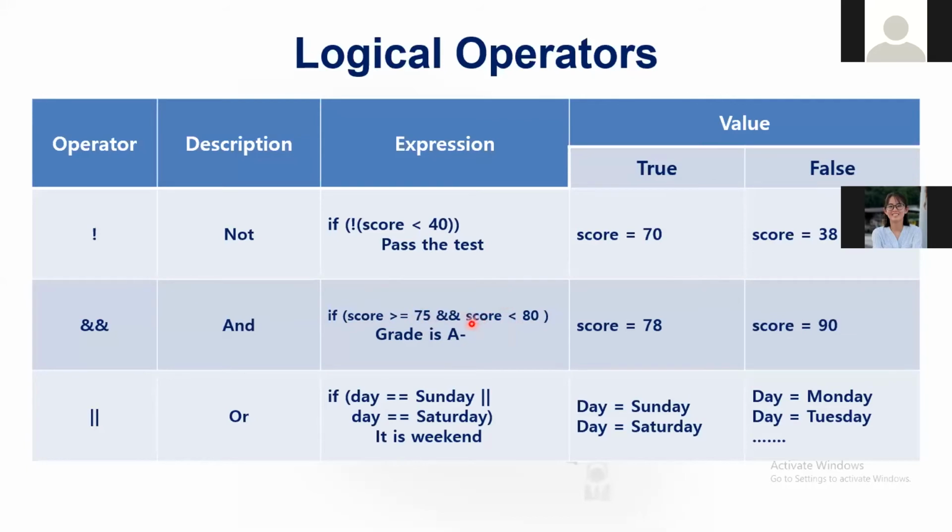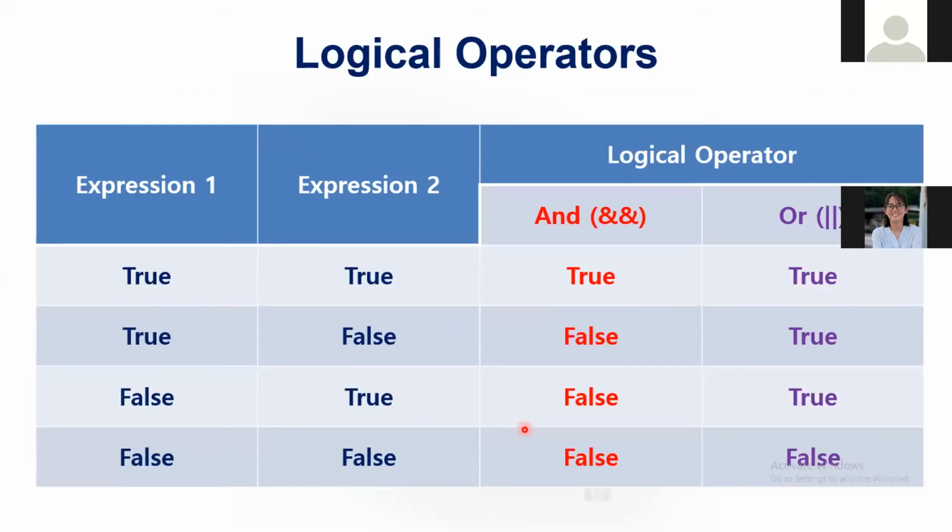So it's wrong already. Now if you look at the or, okay, what is it? Two straight lines. So here you check if a day is a Sunday or a Saturday, then it's a weekend. But of course, if we key in Monday, Tuesday, Wednesday, Thursday, Friday, then it's not.